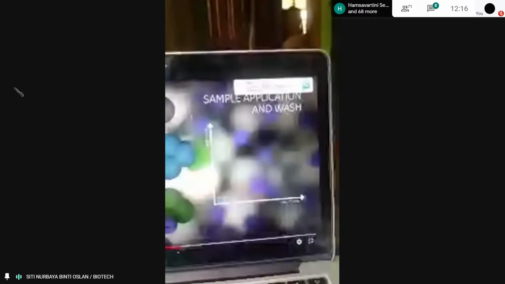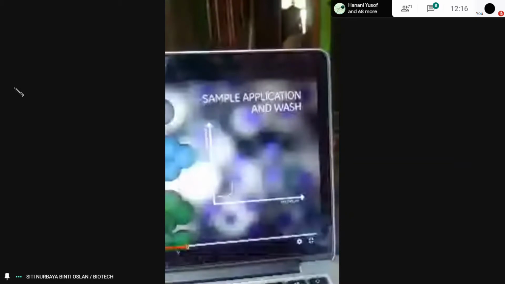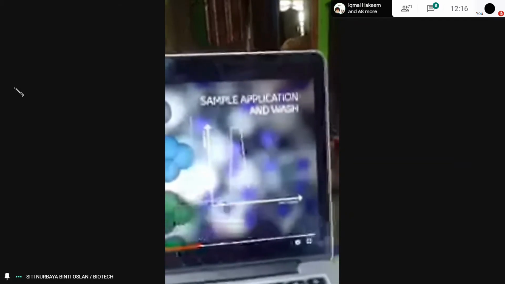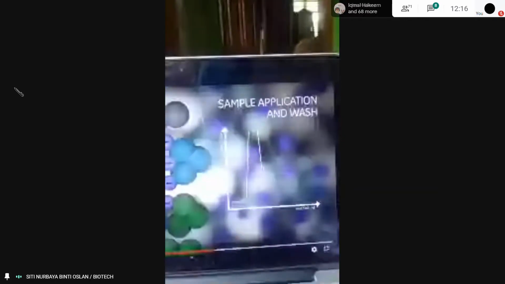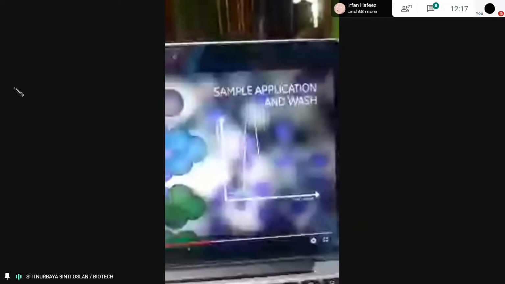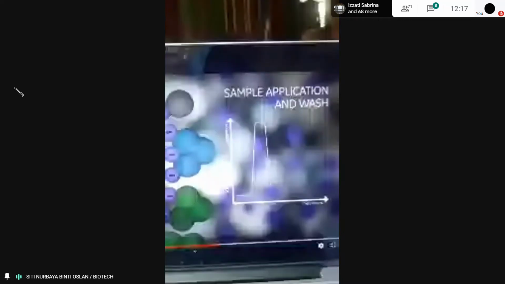You see, initially, this is the protein that binds to the matrix. This flow through peak represents the positively charged protein. Why positively charged? Because the positively charged will not be captured by this positively charged matrix. It will go out immediately.